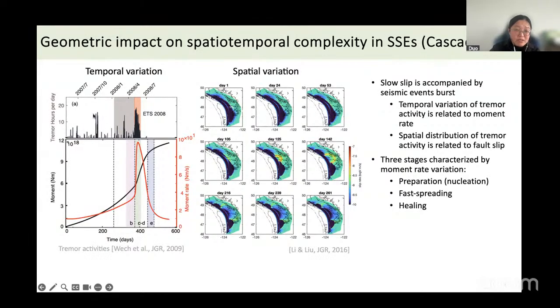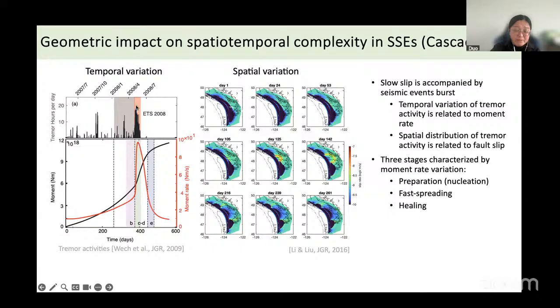We plot the tremor activity on top of the plot, and we plot the total moment release during one simulated slow slip. The black one is the moment, while the red line is the moment rate. We find that the acceleration or increase of the tremor activity is consistent with the increase of the simulated moment release.